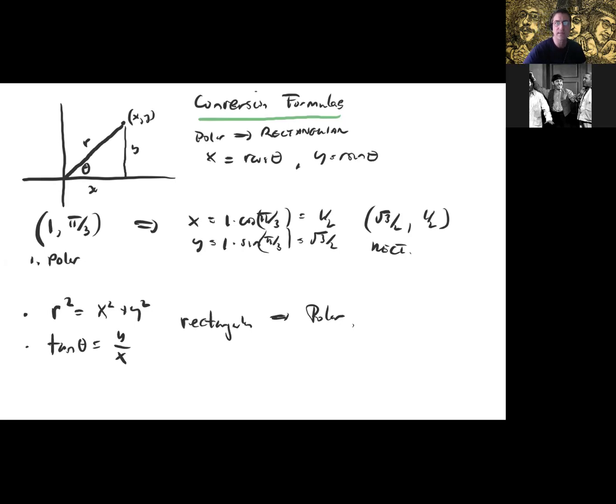So the next topic is to talk about polar curves, and we're going to spend some time doing this. So most of the polar curves we deal with are of the form r equals f of theta, where f is a function. Let's do some simple examples first. So let's consider r equals 1.